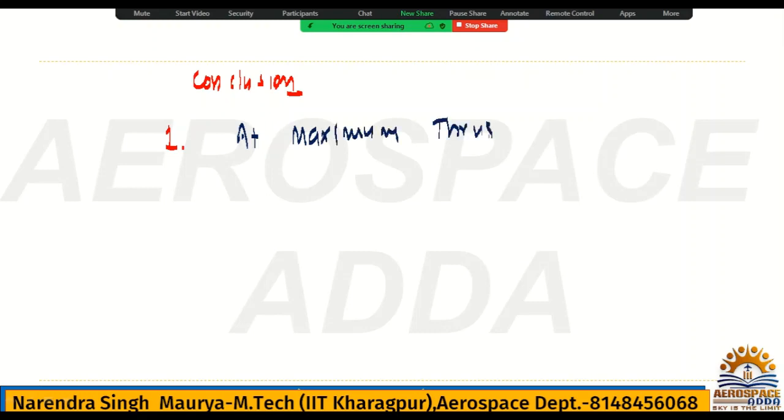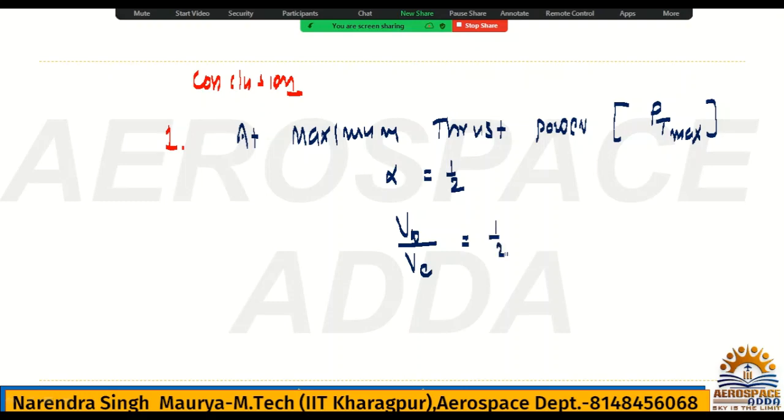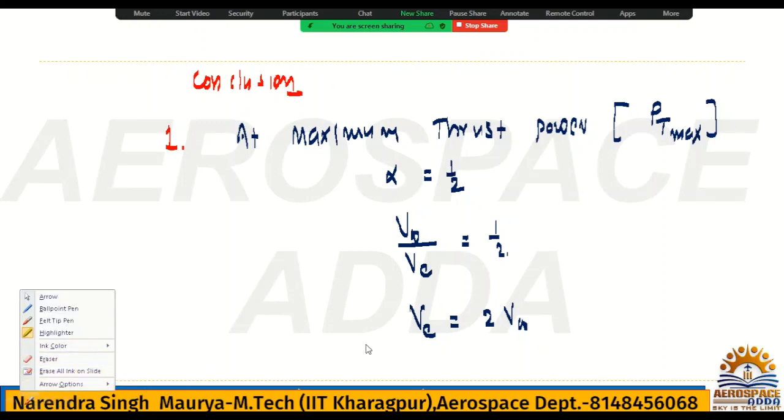At maximum thrust power, PT max, you got alpha equal to 1 by 2. What is alpha? V infinity by ve is equal to 1 by 2, or ve is equal to 2 v infinity.